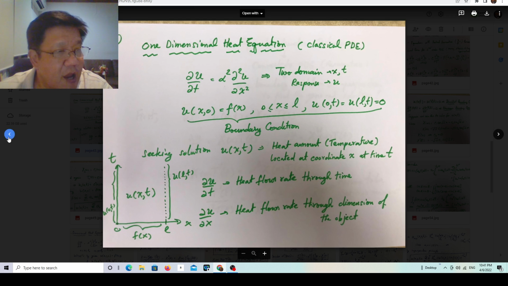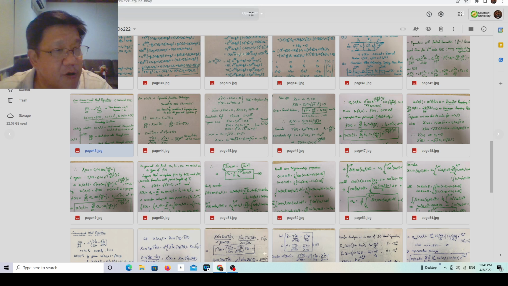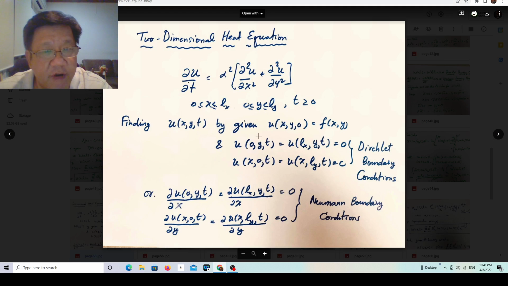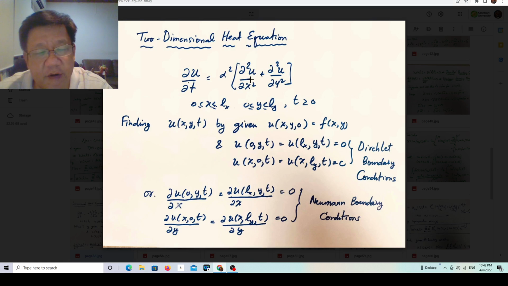But now we consider the case of two dimensions. We just expand the second-order term of heat flow over axis x and axis y, as the acceleration in the second-order term.